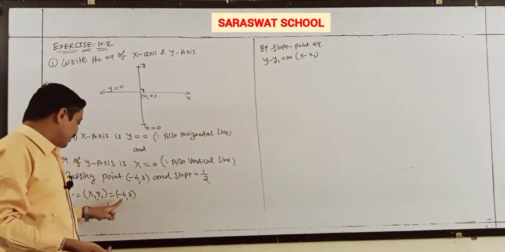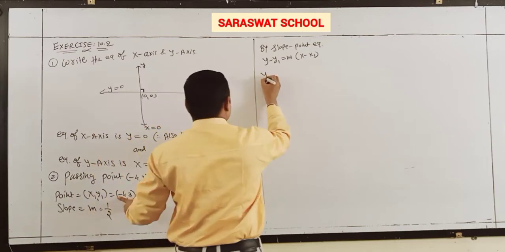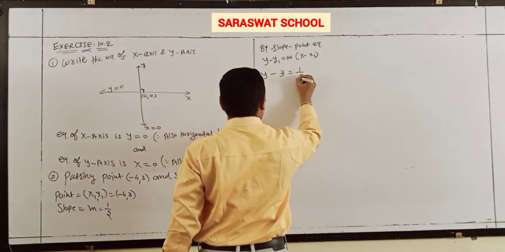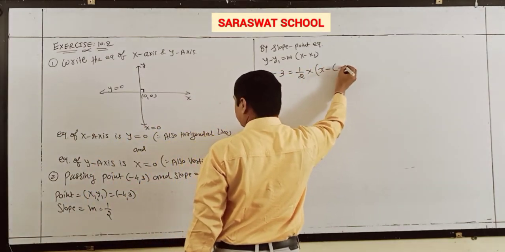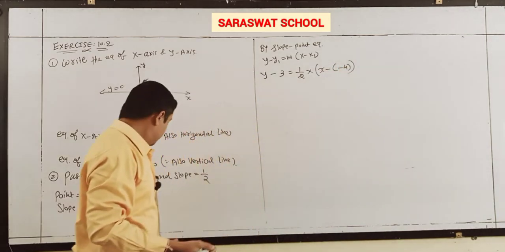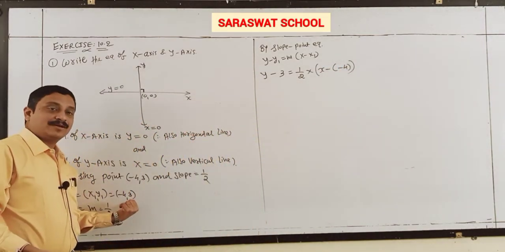Here y1 is 3, slope is half, and x1 is, students, minus 4.